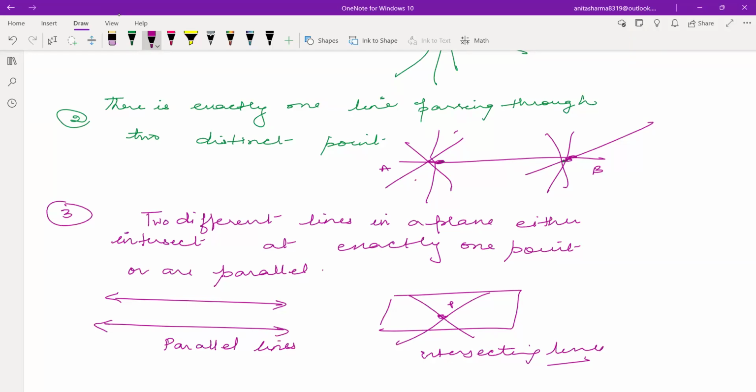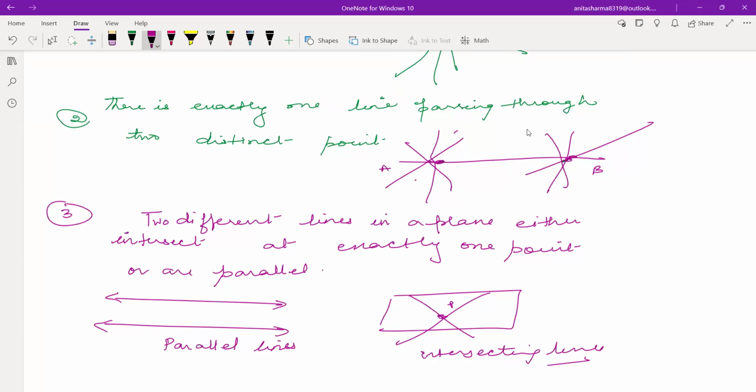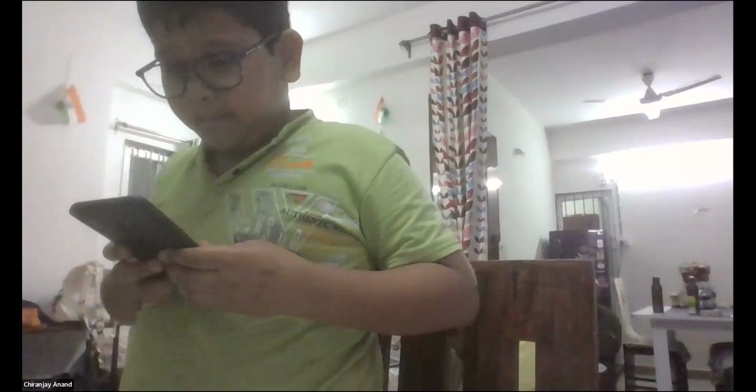Okay, children, now we will meet in the next class, that is on Saturday, because right now I'm having my next class. Advik Panjugla, do you have any doubt? Yes, ma'am, on Saturday what are we going to write? This is the chapter on geometry, beta. Chapter 5, I guess. Okay, ma'am. Bye-bye, bye, children. Bye, thank you, ma'am.